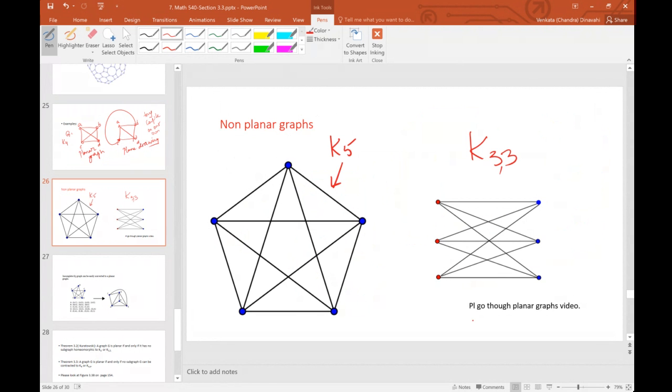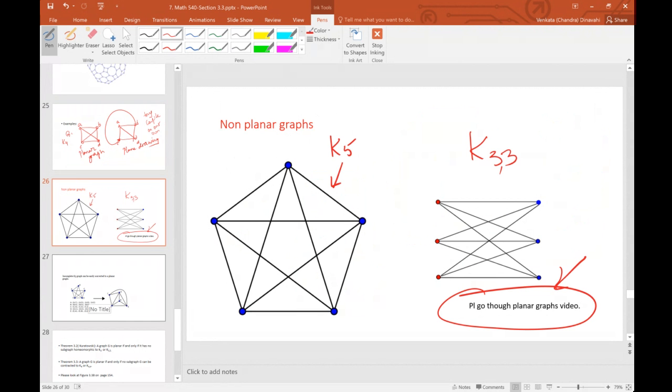I'm posting one more video on YouTube which talks about why K3,3 is not planar. So please go through that planar graphs video. It's just 5 minutes. So you can see why this is not planar as well. The proof I want you to try. So try to sketch the graph so that no two edges cross each other. And the thing is, even if you remove just one of the edges, it becomes planar.